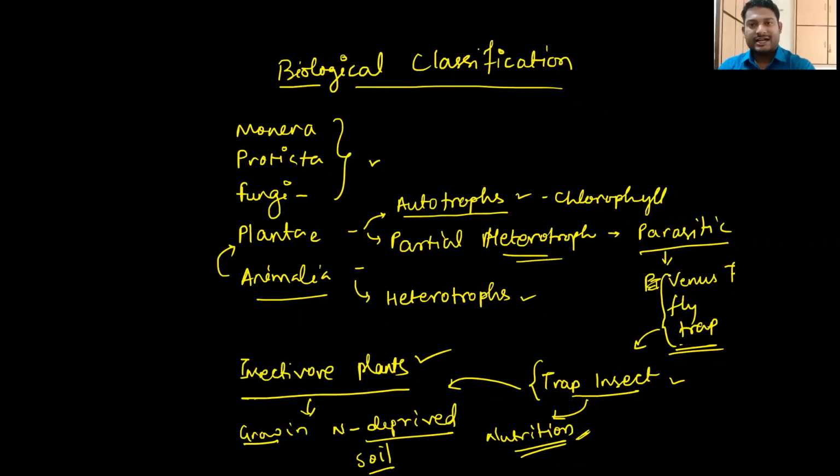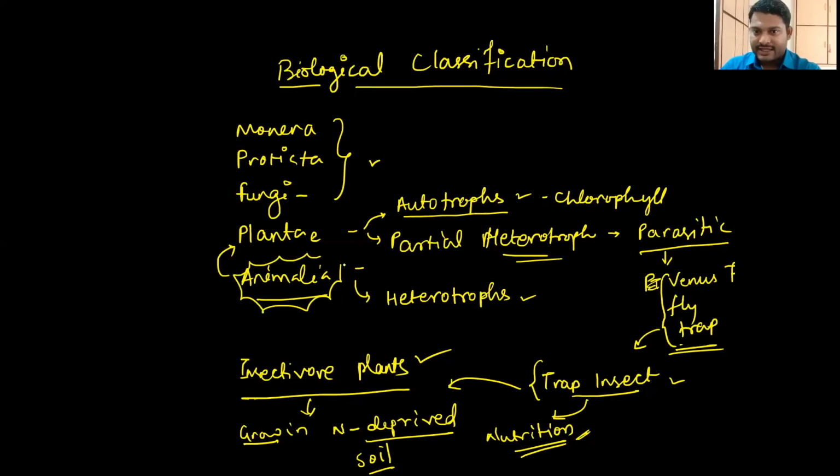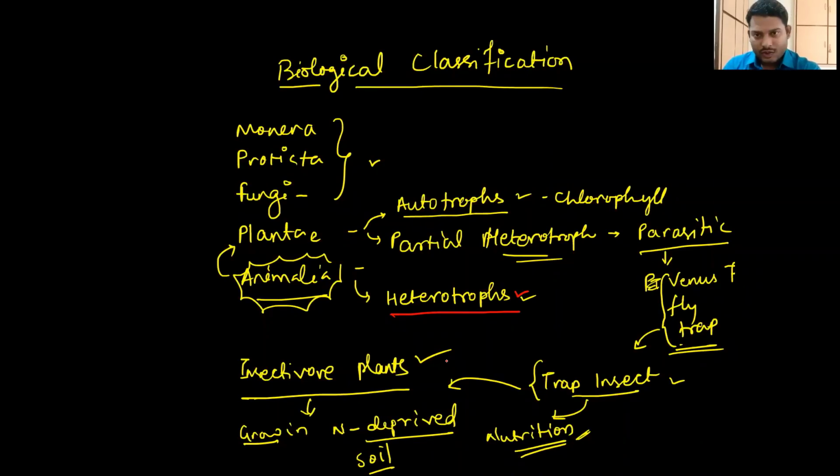Or in the form of a partial heterotrophic mode. But when we talk about Animalia, we all know that they are completely heterotrophs in nature. They are dependent on the autotrophs or other organisms based on their food habits. For example, they are going to have herbivores, carnivores, and omnivores, right?